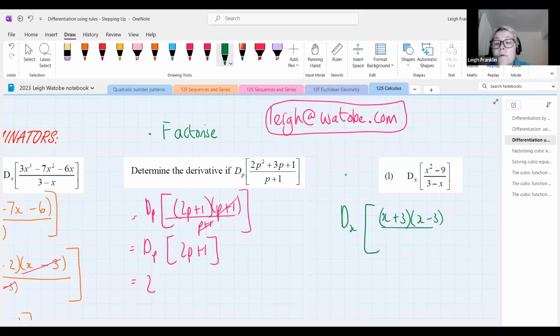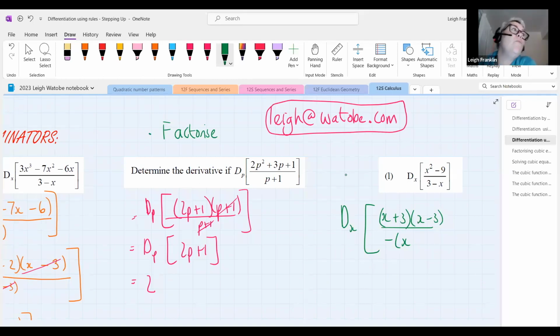Ma'am, do I get penalized if I don't put a dP or dx? You will, yeah, absolutely. I don't know if you've noticed, but the whole way through our lessons, I've tried to emphasize the notation as well as what you are writing. They will penalize you, and you'll get penalized at the end of the year when you write your exams.